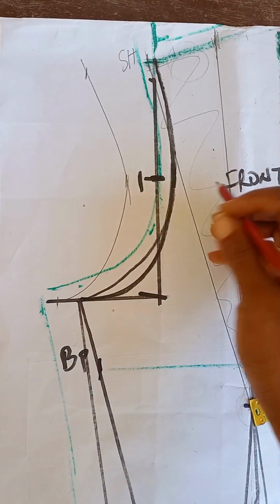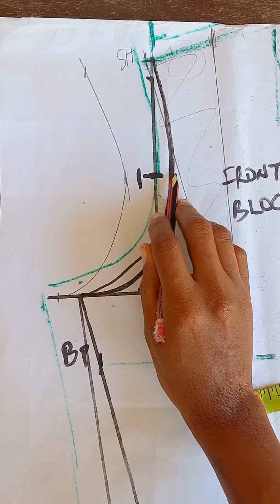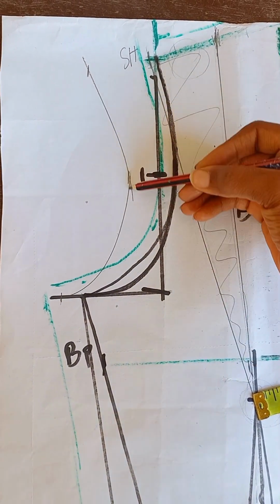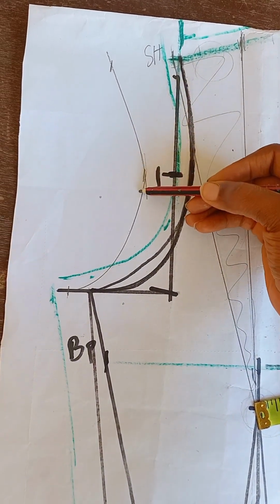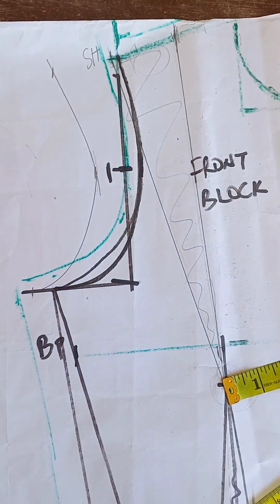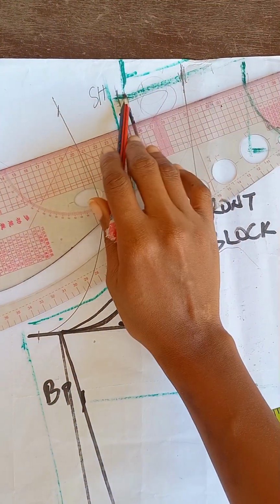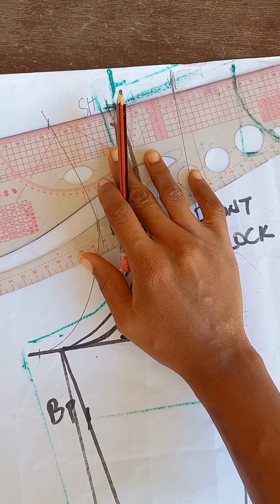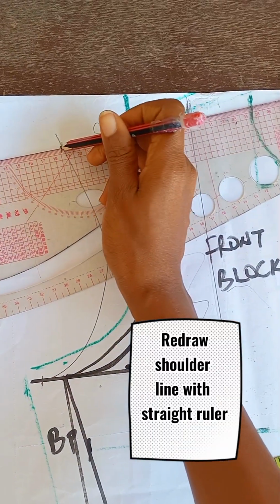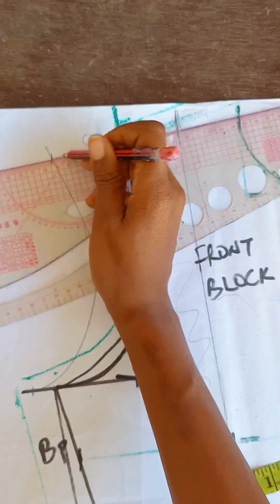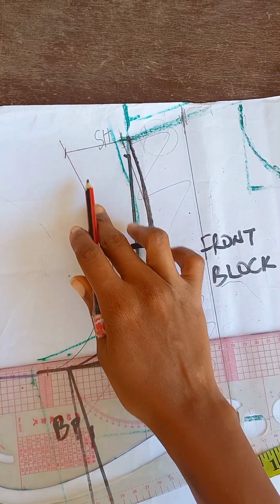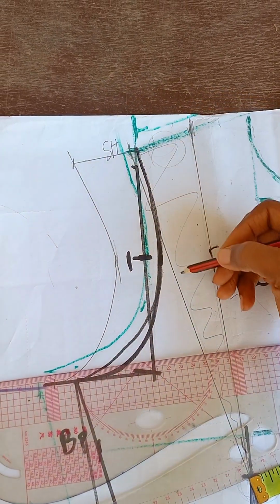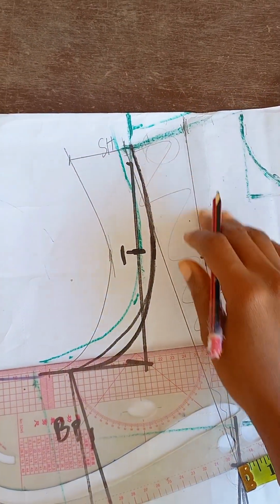The reason why you are doing it from here is to maintain this armhole curve. And then from this tip, we connect it to our old shoulder line with a straight ruler. So now this becomes our new shoulder line. You cut out this point together as your shoulder dart.